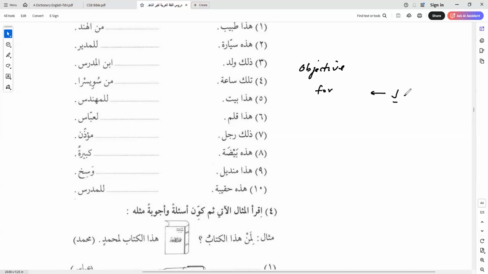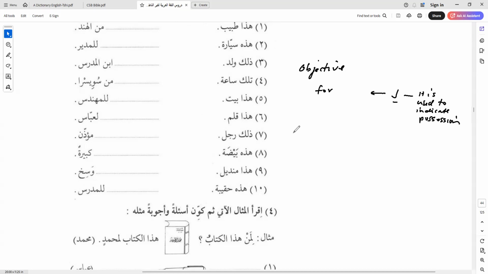So this li is used to indicate possession. So if something belongs to another, or it belongs to you, you use li.